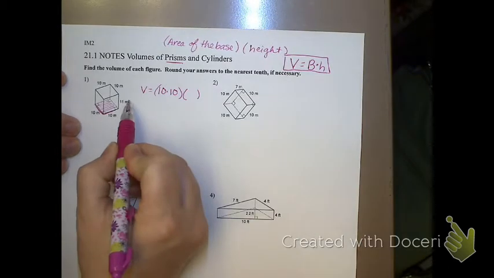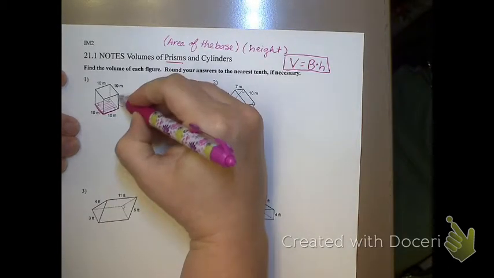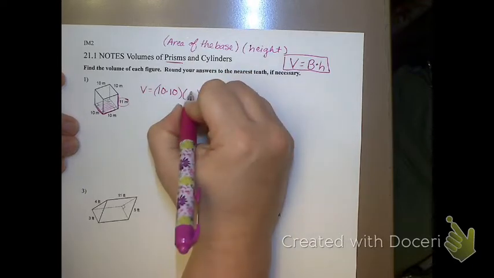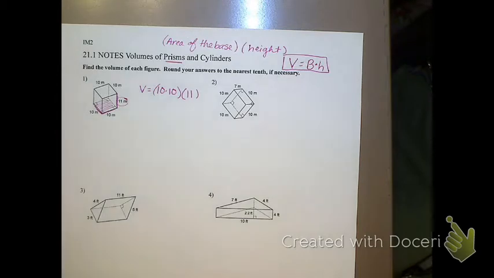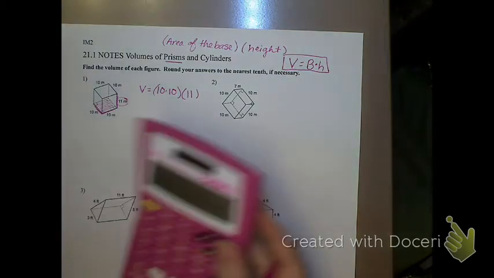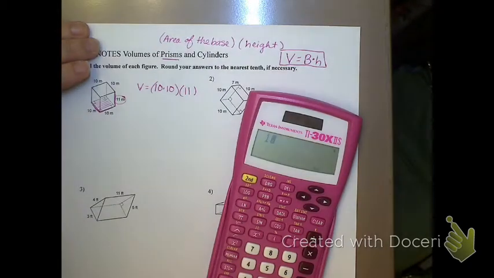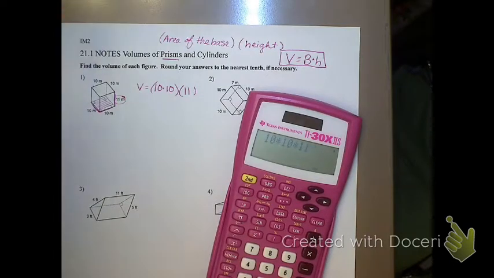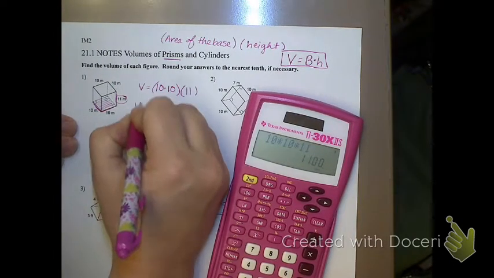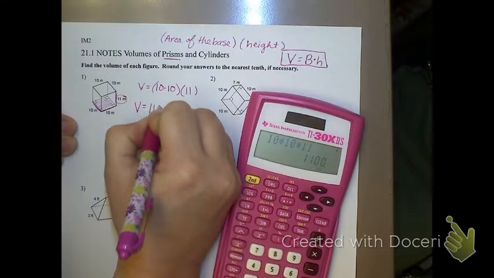Well, the height would be 11. That's the height of my cube, or not my cube, my rectangular prism here. So all I have to do is 10 times 10 times 11. That gives me a volume of 1100.